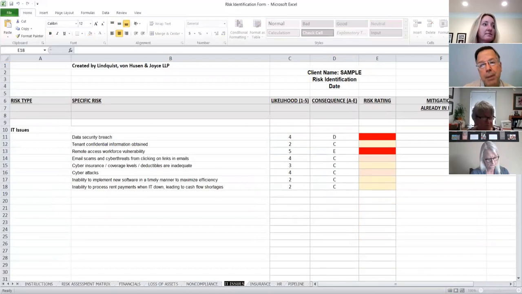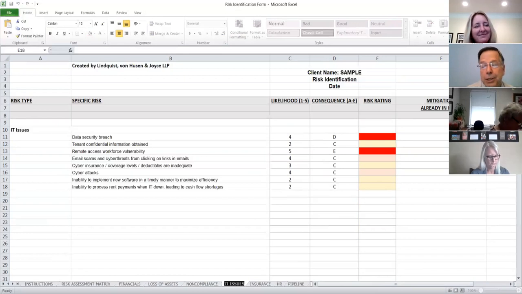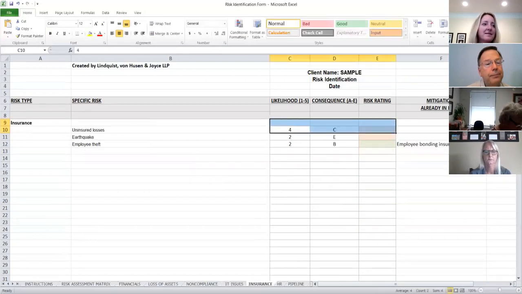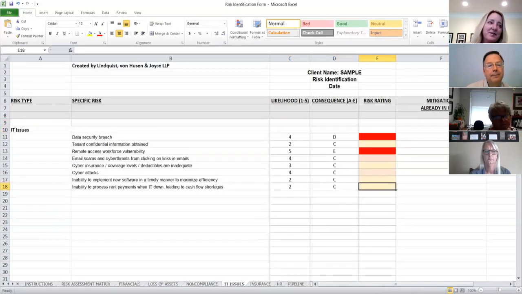Some of these areas are not my specialty, so I didn't have a huge long list of risks, but IT, data security, email, cyber attacks, keeping up with software, new developments in software, insurance. I can speak to the IT, as we were unfortunately a victim of a cyber attack earlier this year, and are just getting ready today to send out all the notifications.